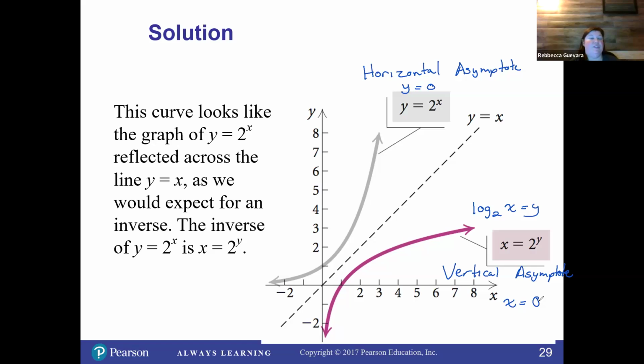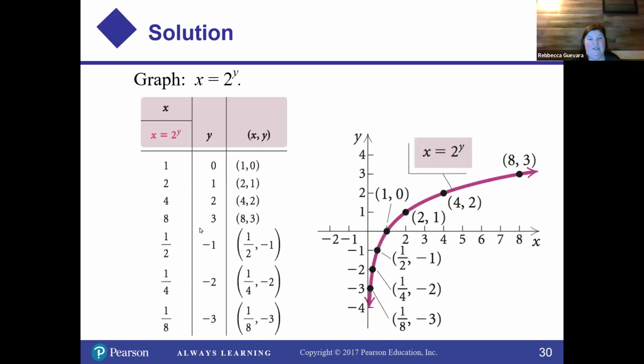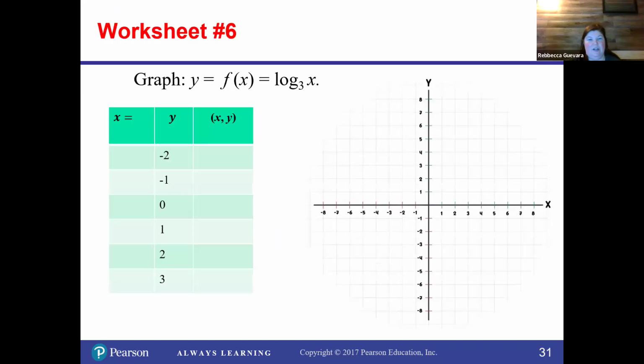It's just another example of your inverses, basically flipping your x's and y's. So an asymptote at y equals 0 now becomes an asymptote at x equals 0. So those asymptotes also get reflected. Sorry, it's getting caught there for a second.